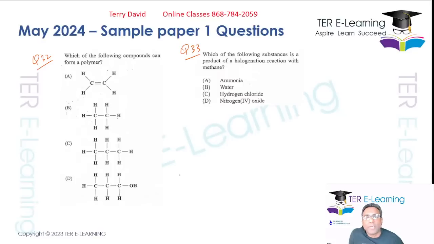Let's see what's happening here. If you want to form a polymer, we have two kinds: addition and condensation. Based on what we have here, the only one that can form a polymer is ethene. So this will form an addition polymer.